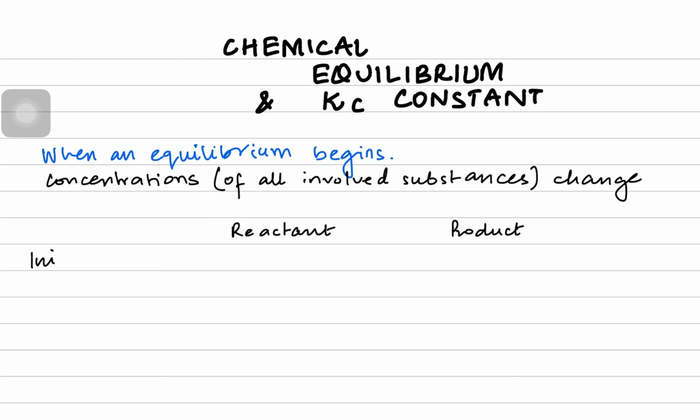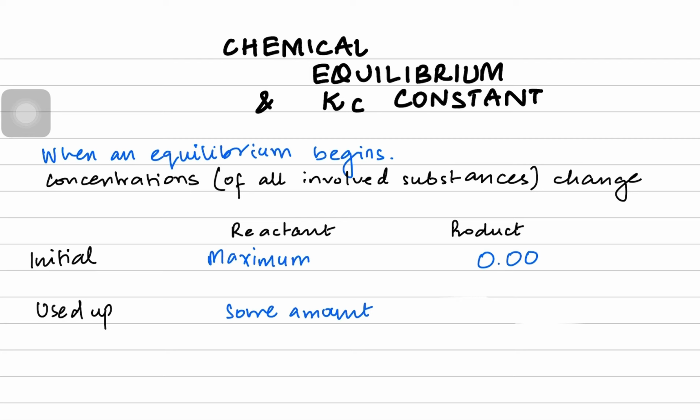For example, we have a reactant and a product. Initially, we have reactants in the container. So the maximum amount belongs to the reactant, and product is technically 0.00 because product hasn't been produced yet. In terms of used up amounts, some amount of the reactant is used up.